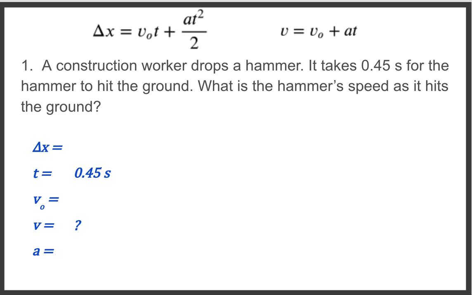The fact that the hammer was dropped and the fact that it's in the air, not touching anything, gives us two pieces of information. The dropped part tells us that v sub 0 is 0. It started from rest. And the fact that its motion is happening in the air tells us that the acceleration is only due to gravity, and it's going to be 10 meters per second squared downward.